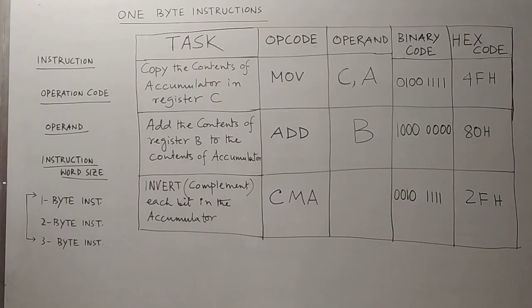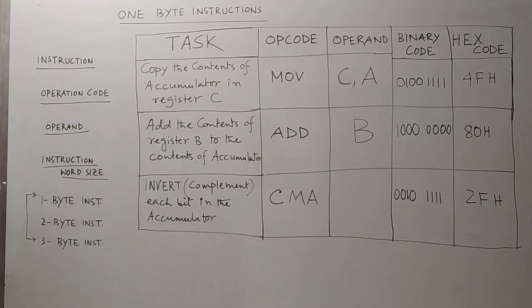So now coming to the instruction word size, the 8085 microprocessor instruction set is basically classified into three groups according to the word size, or you can say the byte size. In the 8085 microprocessor, byte and word are synonymous because 8085 is an 8-bit microprocessor.